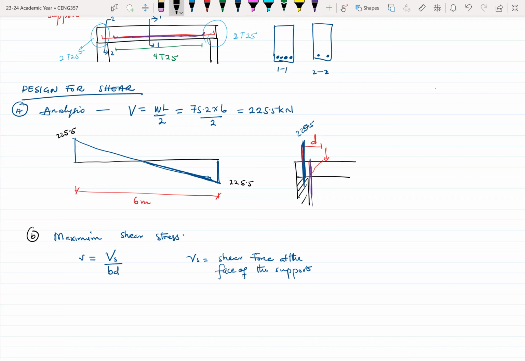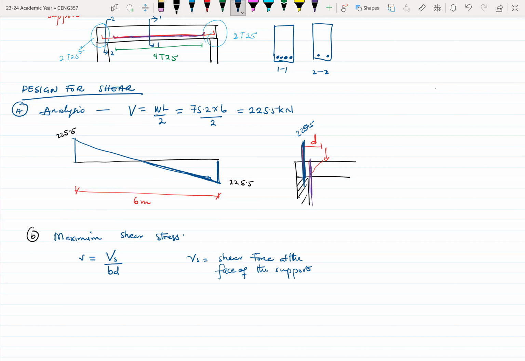And this also helps us not to over exaggerate the shear stress, right? Because once you exaggerate the shear stress, it means that you would also have to increase the shear reinforcement that you have to place in there, which would also lead to a high cost of construction. All right. So now let's find the shear force at the face of the support.